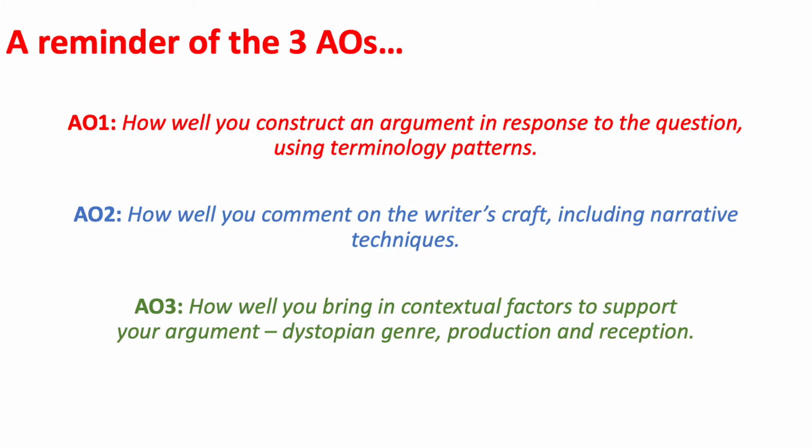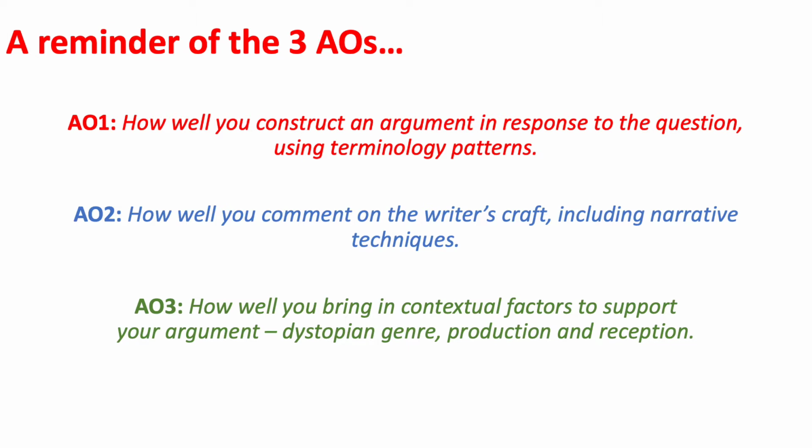Okay, so first of all, a quick reminder of the three AOs, the three assessment objectives you're getting marked on. AO1 is how well you construct an argument in response to the question using terminology and patterns. That's all about language levels and making sure that you're approaching the question with a stylistic approach.